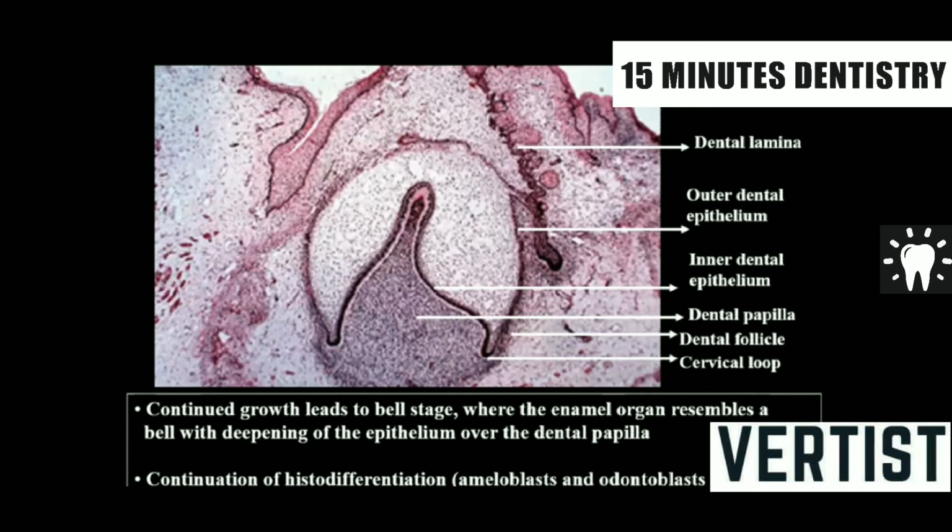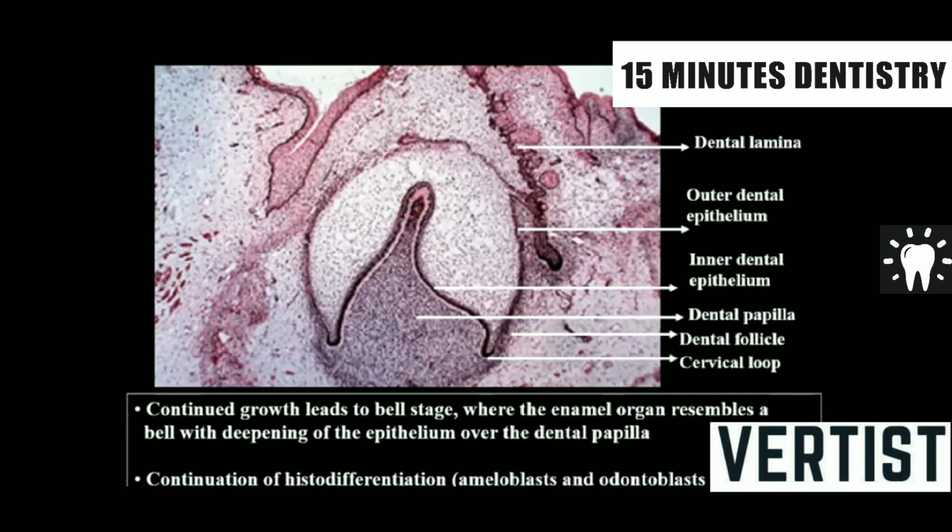Now remember, in the cap stage, you won't have so many cellular structures. The morphodifferentiation will start taking place. The histodifferentiation has already taken place there. So continued growth leads to bell stage from cap stage, where the enamel organ resembles a bell with deepening of the epithelium over the dental papilla.